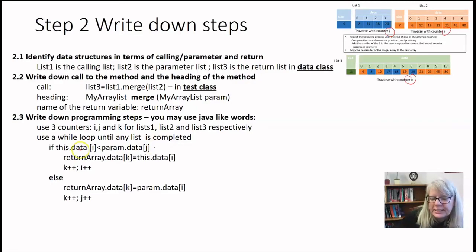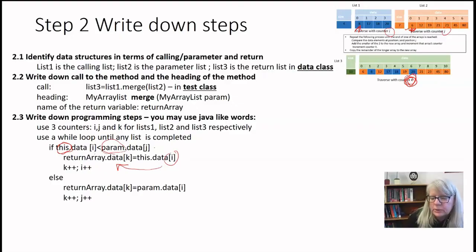So if this, which is the calling array, position I, is smaller than the parameter position J, position I is smaller than position J, take position I and copy that in the return array, at position K. And if it's not smaller, what does it mean?